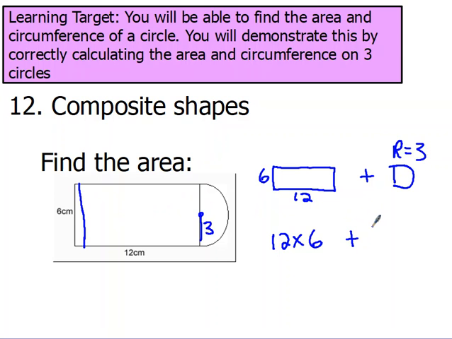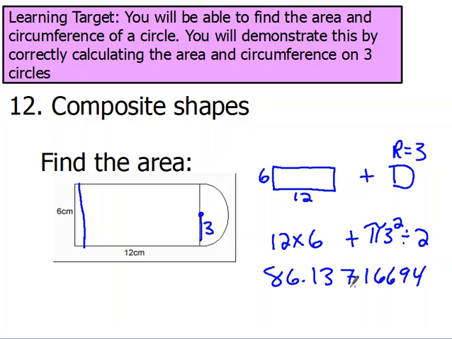So area, fuzzy wuzzy was a bear, area equals pi r squared, but I only want half of a circle. So I'm typing this in all the way across without doing the pieces, and I get my answer. We write down the whole thing first, and then we come back and round. And that is centimeters squared, because we're talking about area.